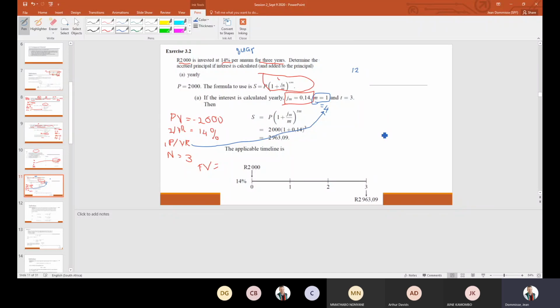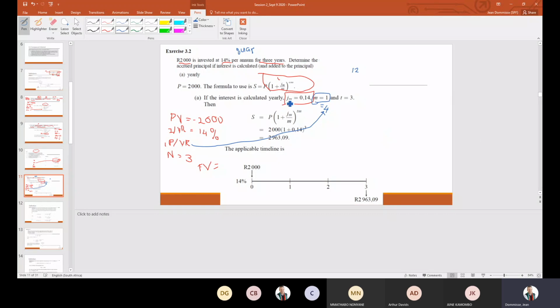And then if I get my future value, let me quickly do that. So minus 2000 present value. My interest per year is still 14%, so nothing has changed there. I do it 4 times a year. I do it for 3 years.